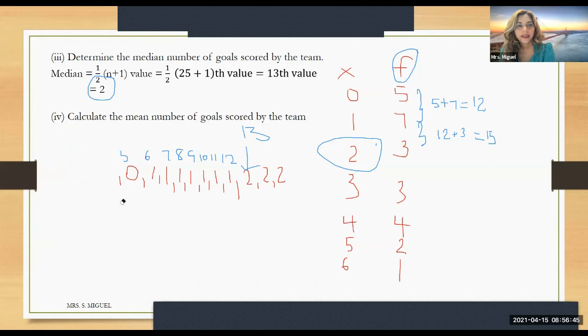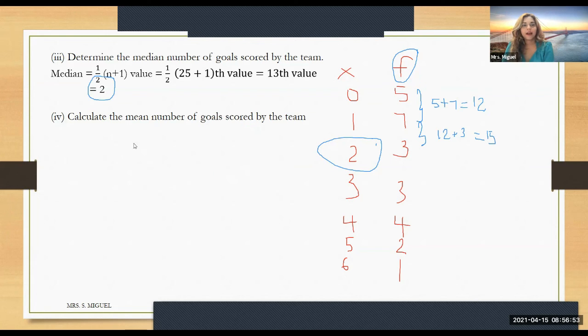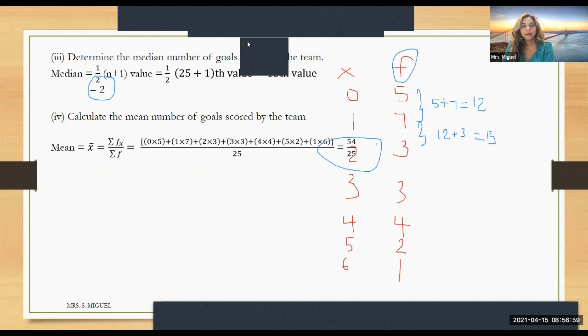We want to find the mean. The mean is another name for average. The formula for mean is the sum of f times x, meaning we multiply the frequency by the x value, and then we divide by the total number of frequencies, which is 25.